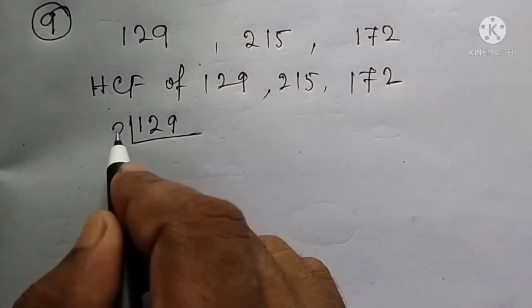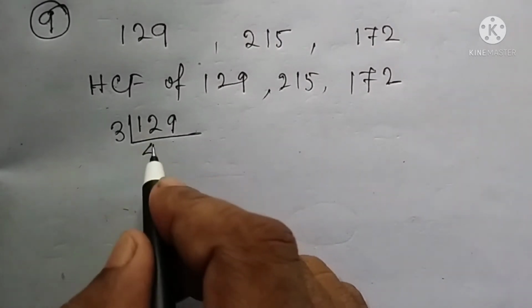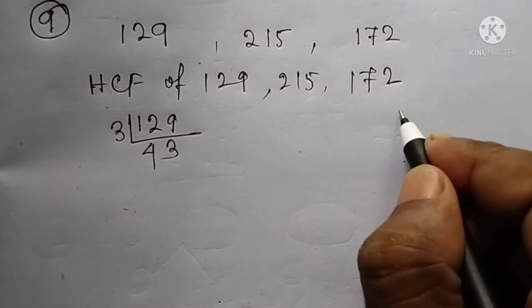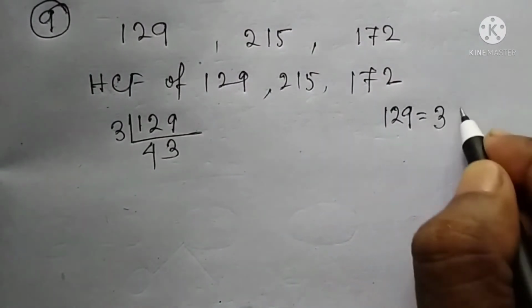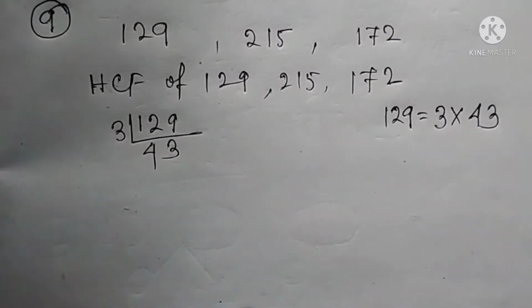We now try to find the factors of 129. It can be divisible by 3, 3 43s are 129. So the prime factors of 129 are 3 and 43.